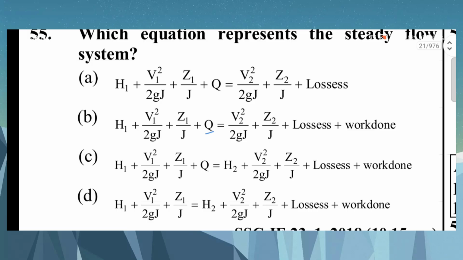H1 plus V1 square by 2GJ plus Z1 by J plus Q equal to H2 इधर नहीं है, देखो इसमें H2 नहीं है, इसमें भी H2 नहीं है, इसमें है H2 plus V2 square by 2GJ plus Z by J, losses plus work done. अगर इसमें Q नहीं है, so option C is the right answer.